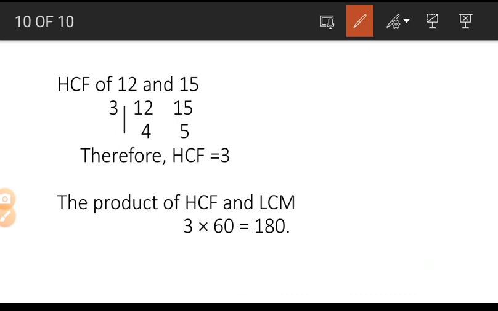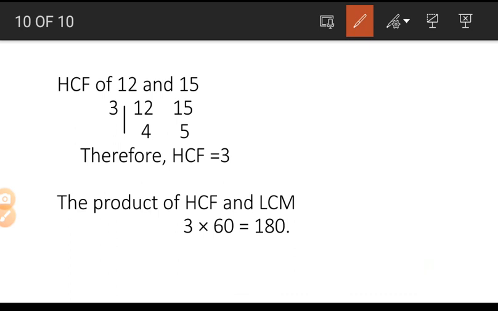We are going to have 4. Now that same 3 can divide 15, and that will give us 5. So in HCF, recall that when we are doing our HCF, we simply divide with the same number. And when we can no longer divide, we stop. Unlike LCM, that we must get to 1, 1. Now, because we can no longer divide, HCF is therefore 3.